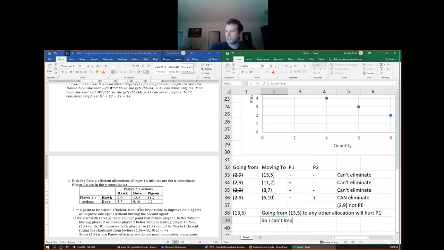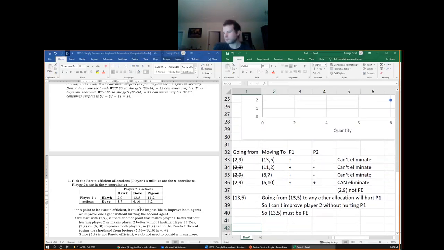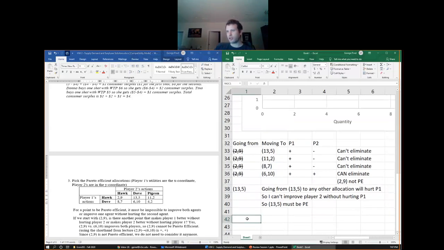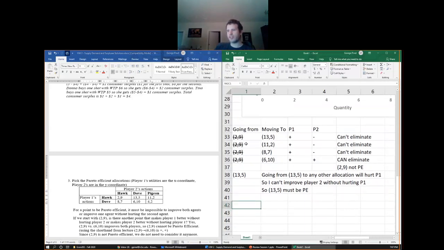So I can't improve player 2 without hurting player 1. So 13.5 must be Pareto efficient. Okay. So you could do the matchups if you don't believe me, but it's pretty straightforward. If this is the best that player 1 can do, and there's no other 13s here, then I can't make player 2 better off without hurting player 1. Okay. So 13.5 is Pareto efficient, 2.9 is not.